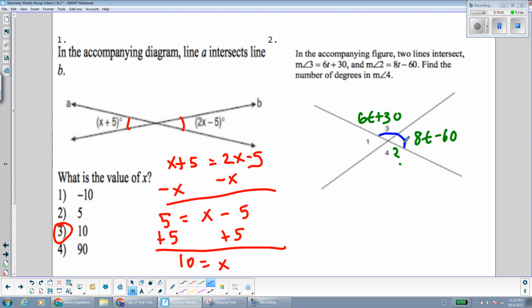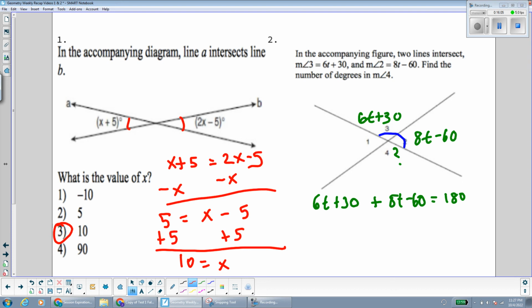They make 180 degrees. So my equation needs to say that this angle, the 6t plus 30 angle, angle 3, plus angle 2, the 8t minus 60 angle, together make 180 degrees.